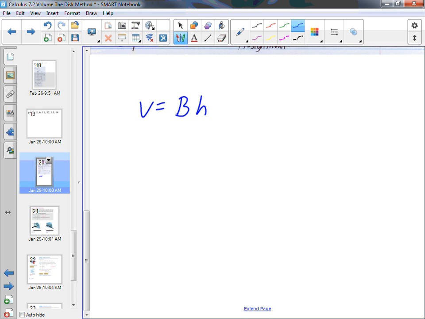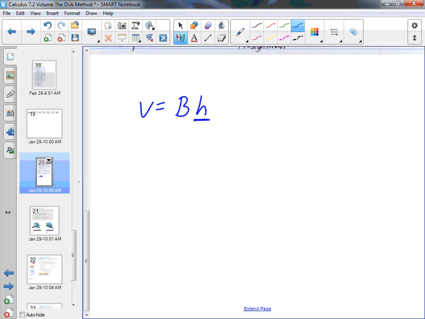So if our cross sections are equilateral triangles, find the area of that, multiply it times the height, not of the triangle, but the dx or the dy. That would be the height, making it a solid instead of just a triangle. And that'll give you the volume of that triangular cross section.